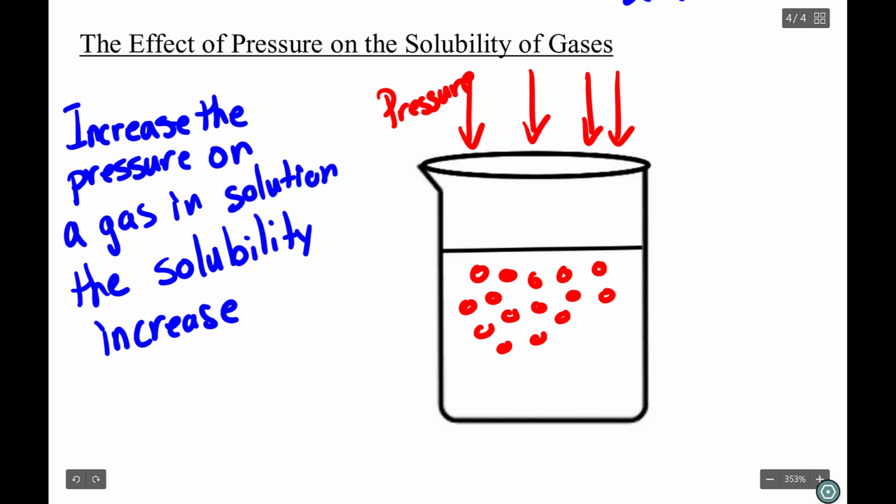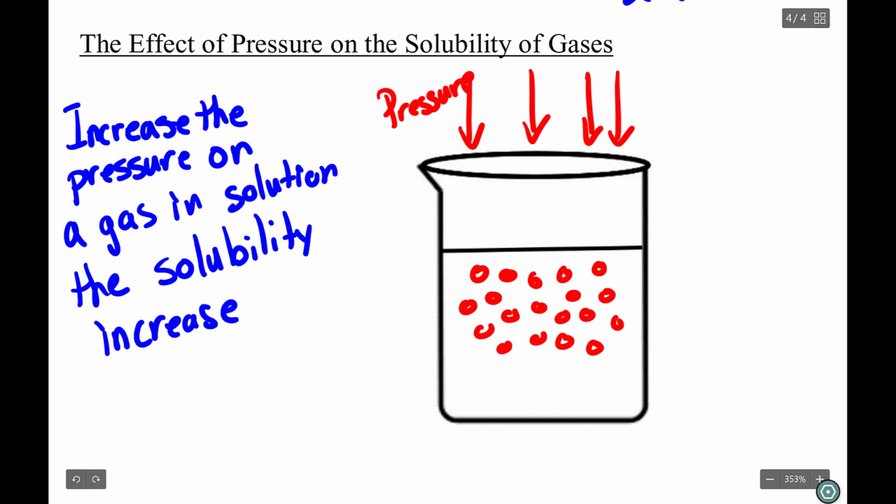Now, everybody's probably dove at least a little bit in a swimming pool, and you guys know that the further you go down in the swimming pool, the harder the pressure is on your ears because the water is so heavy.